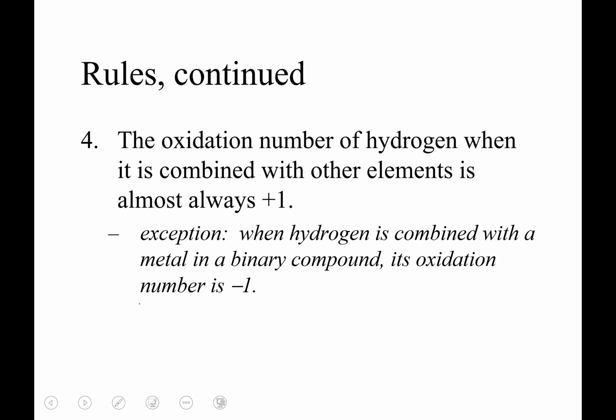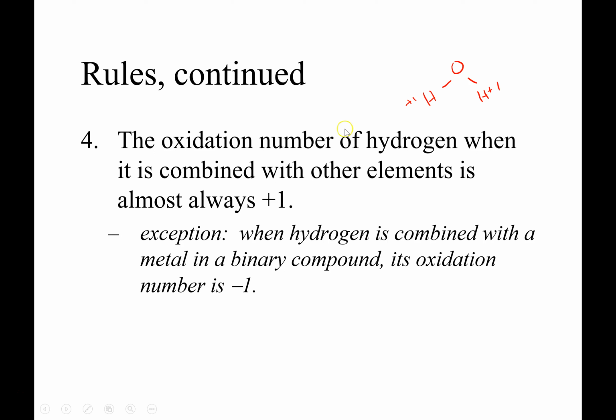All right, hydrogen. I have a special place in my heart, a special slide, special rule coming up for hydrogen and oxygen. Hydrogen, go with it being a +1 unless it actually is combined with a metal and forming a metal hydride. So, for instance, water: this guy is going to be a +1, this guy's a +1.